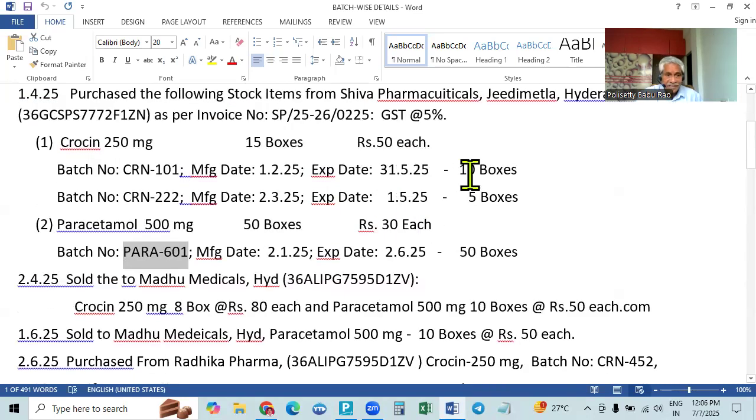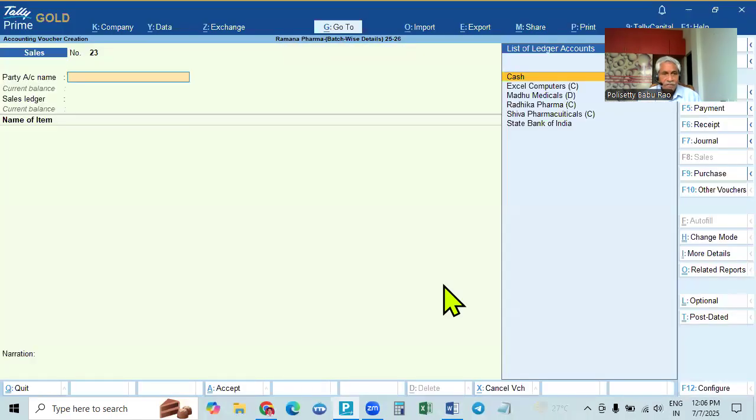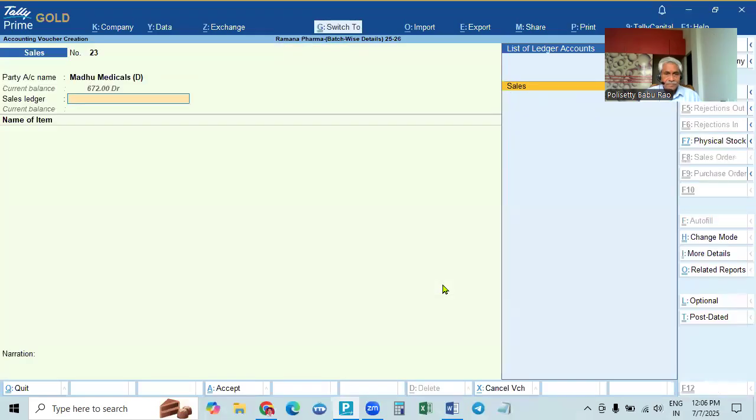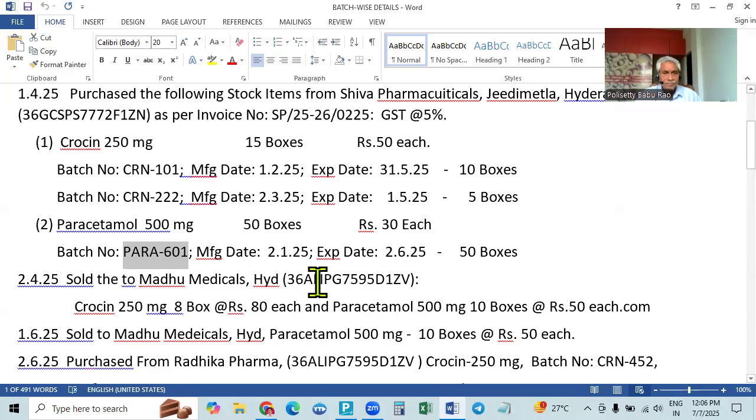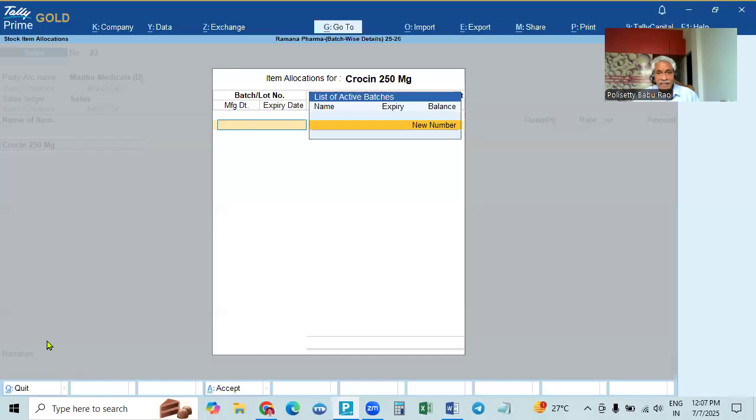If you make the sales entry on 1st June and take Crocin, in this only 7 are available, batch number 101, but these 7 expired on 31st May. On 1st June they are not available. Up to 31st May we can sell. On 1st June we cannot sell, already expired. Expired batches will not be shown, so no balance is shown.